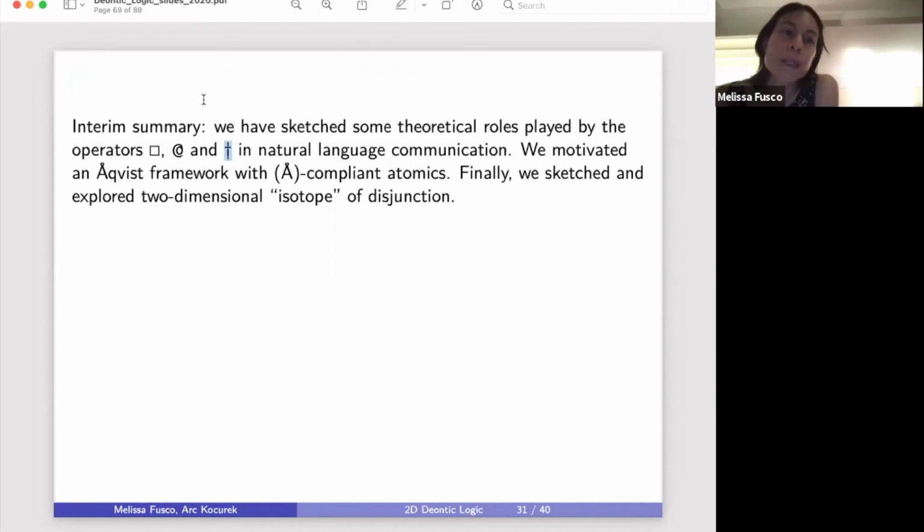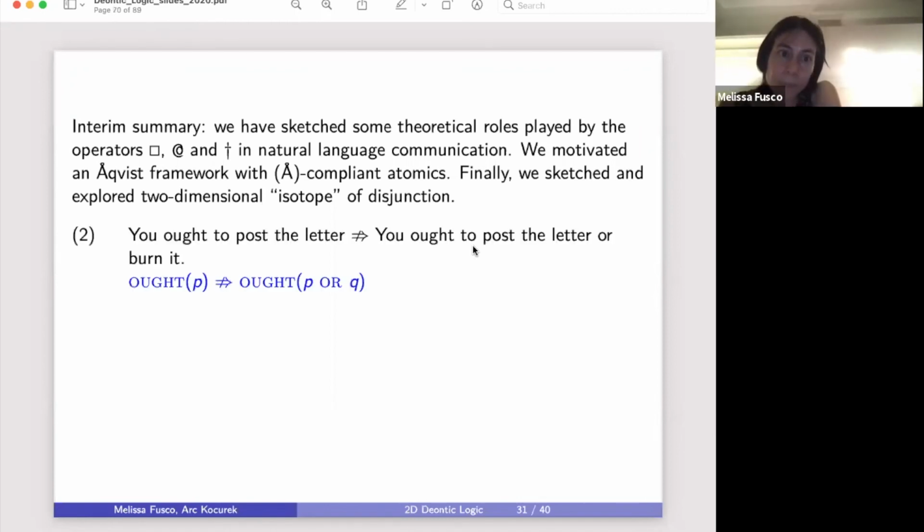And then, of course, we work with the assumption that the modals are lexicalized in natural language. So we motivated this framework, and then we sketched this two-dimensional isotope of a disjunction, a generalization of disjunction to two dimensions, which goes Boolean on the diagonal. That's why I'll get the law of excluded middle and other such tautologies in the propositional fragment of the language.